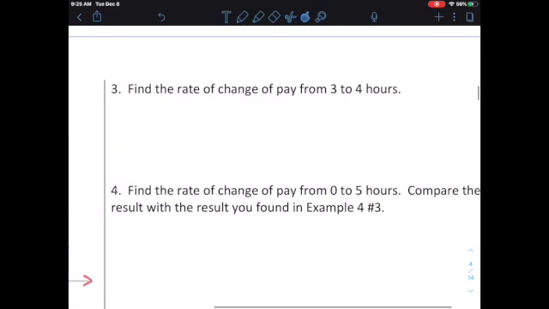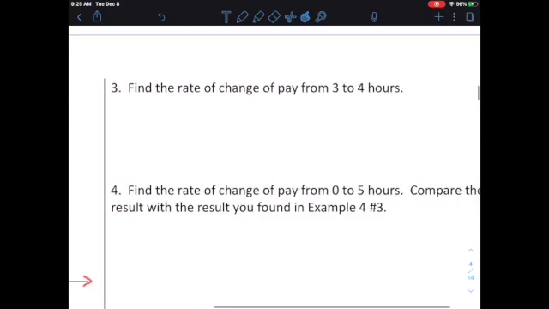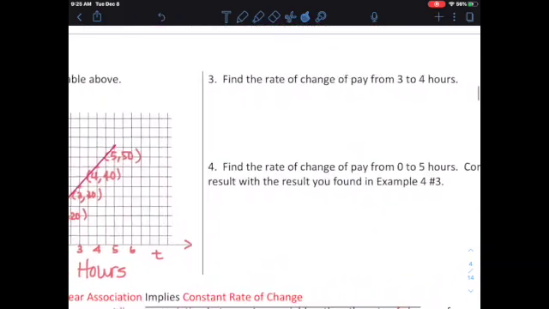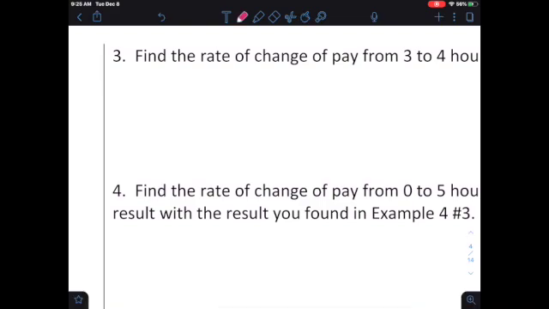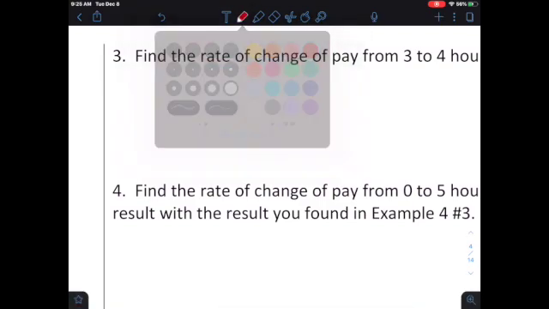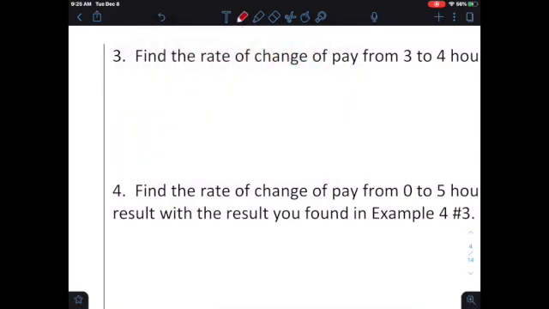Now, number 3 says, find the rate of change of pay from 3 to 4 hours. So in this case, you know it's going to be the change in pay over the change in time.